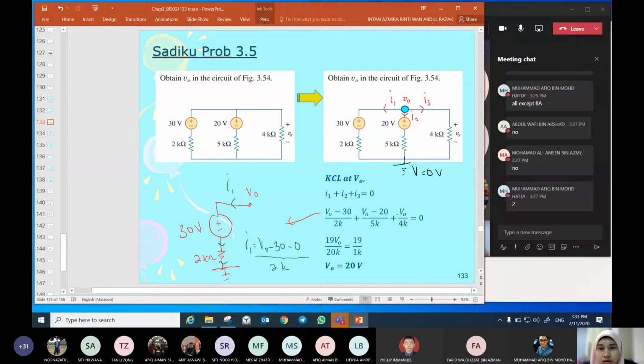Then plus I3: V0 minus 0 volts, but you can ignore the 0, divided by 4k. Now we solve for V0 and we will get V0 is equal to 20 volts. Any question?